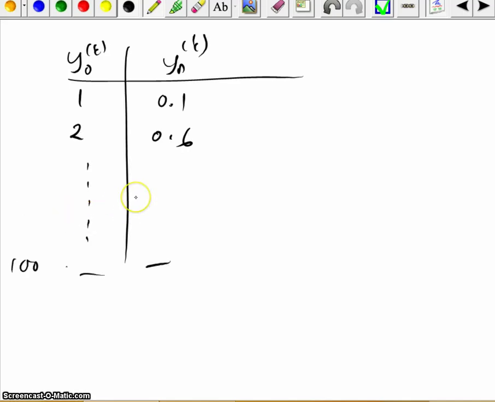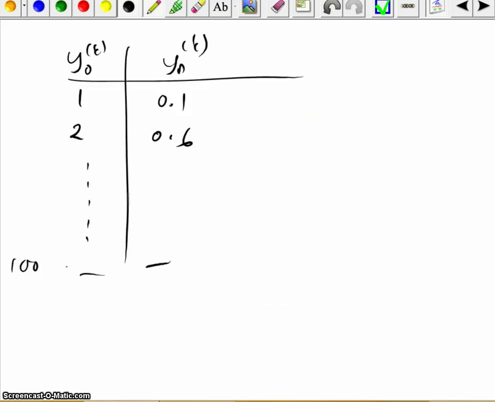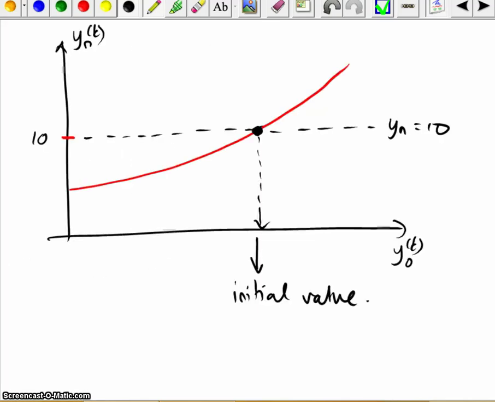Okay, so I can plot this out as a graph, and for example, if I get this red curve here, this would be the plot corresponding to all the guesses and the boundary values that we have obtained. And since this is known from our problem, if we extend this constant yn line out, the point where this dashed line intersects with our red curve, if we extend it down to the y0 axis, this would be our exact initial value.